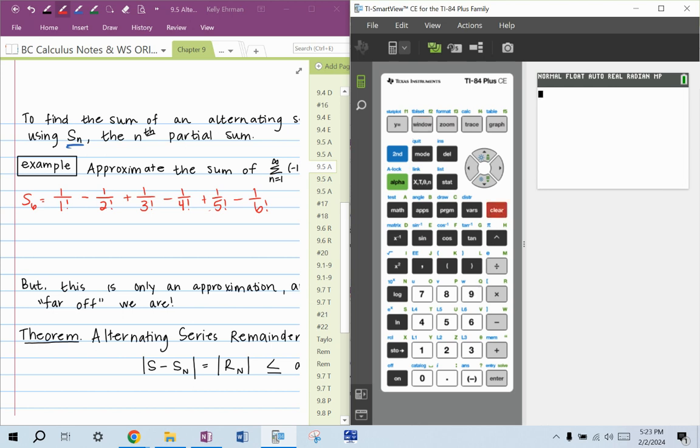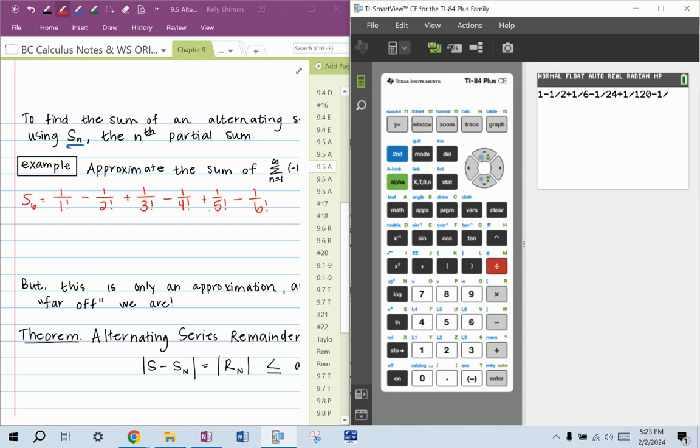All right. Now, 1 minus 1/2 plus 3 factorial, 6. So 1/6 minus, I'm going to get a syntax error there. There we go. Plus 1/6 minus 1/24. That's 4 factorial. Plus 1 over 120. That's 5 factorial.